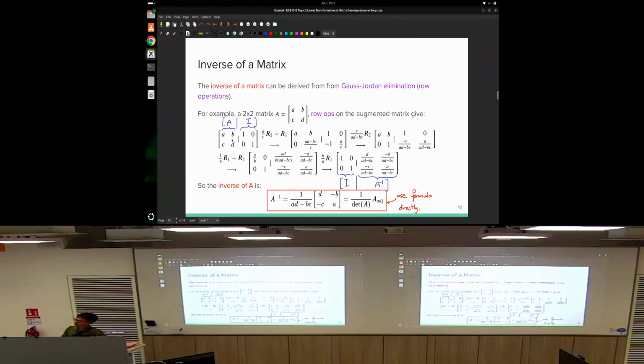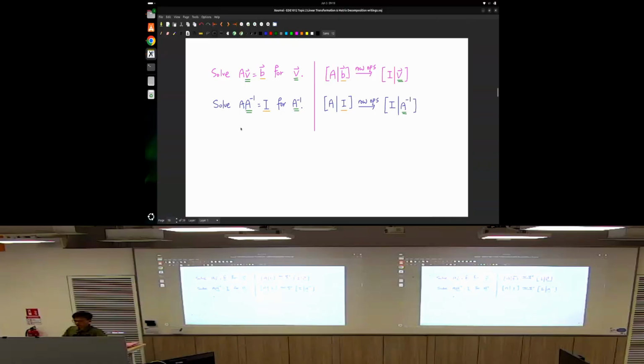But the idea is straightforward. Originally, let's say you are solving AV equals B. Then in your row ops, you put the augmented matrix as A slash B. Then you perform row ops such that you get I slash V.